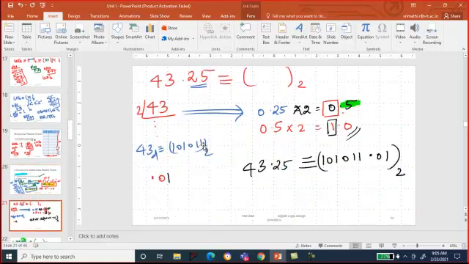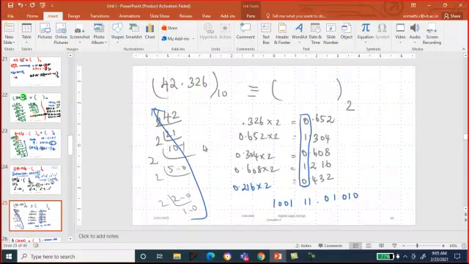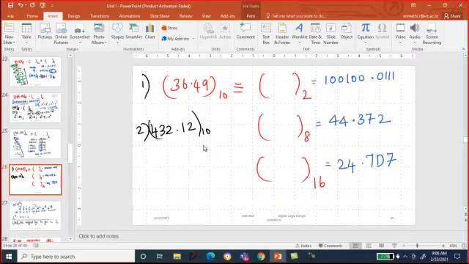And we did a simple example yesterday, converting 36.49 in base 10 to binary, octal, and hexadecimal.